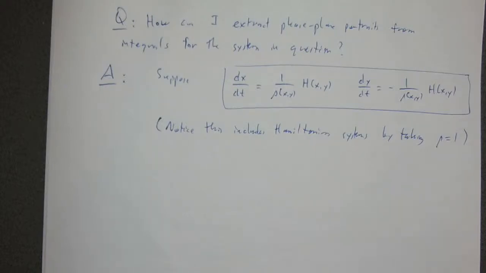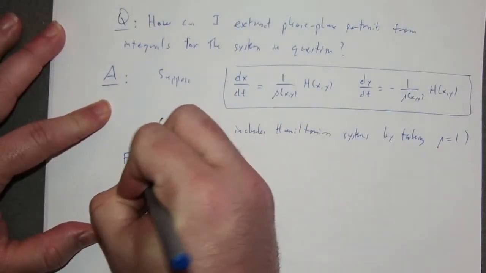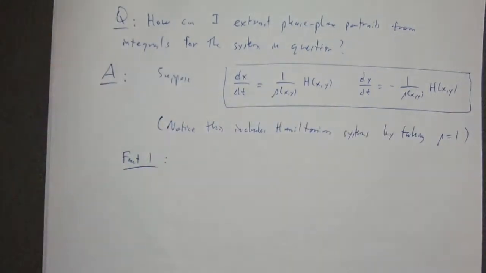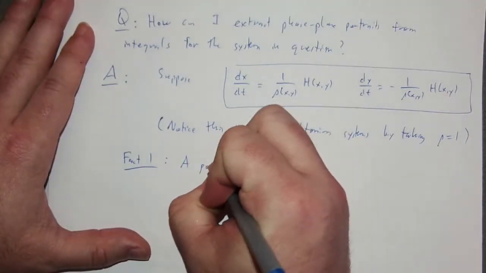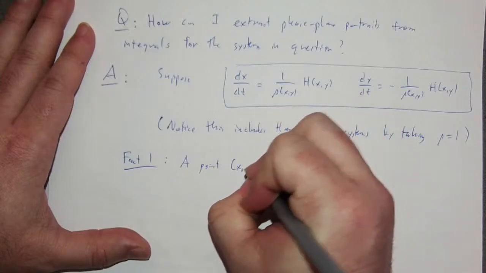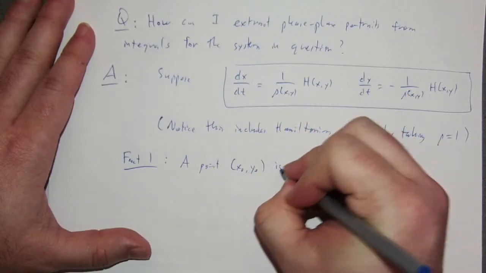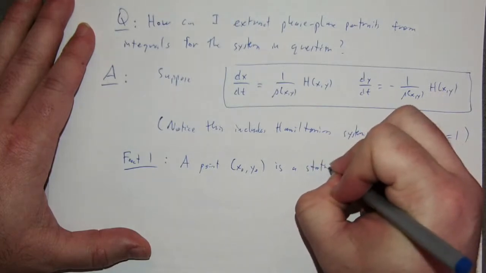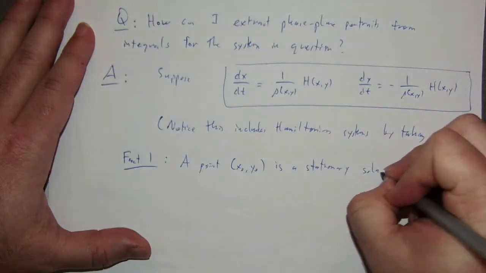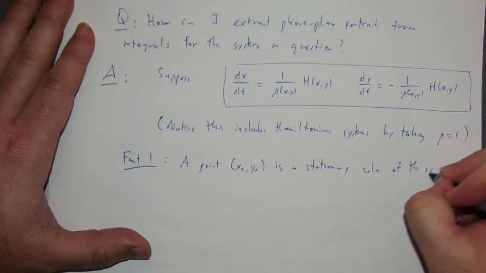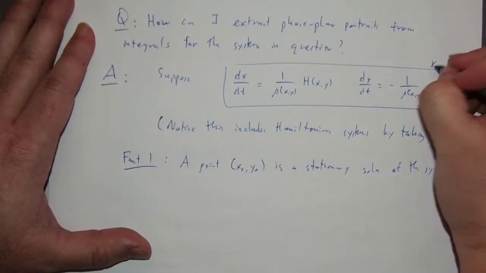Here we're going to reinterpret those stationary solutions slightly, and we're going to see very easily where this comes from. So first fact: a point x naught y naught is a stationary solution of the system. I'll call this star.